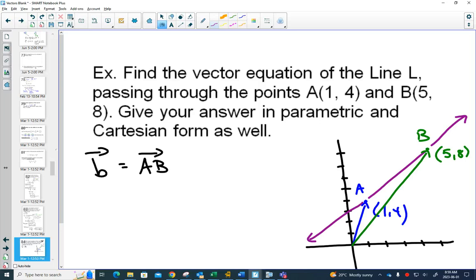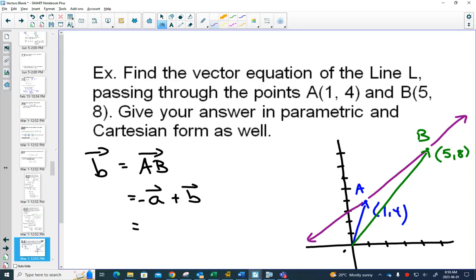You get from A to B by going back to the origin and then traveling along position vector B.